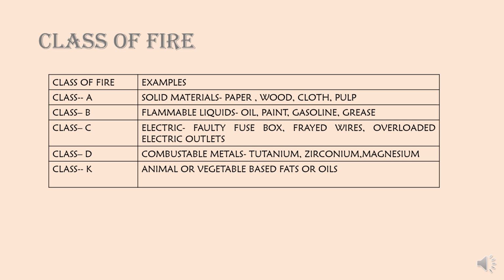The Class C fires involve live electric equipment and require the use of extinguishing agents to stop the fire. Here, the electric equipment includes faulty fuse box, overloaded electric outlets.